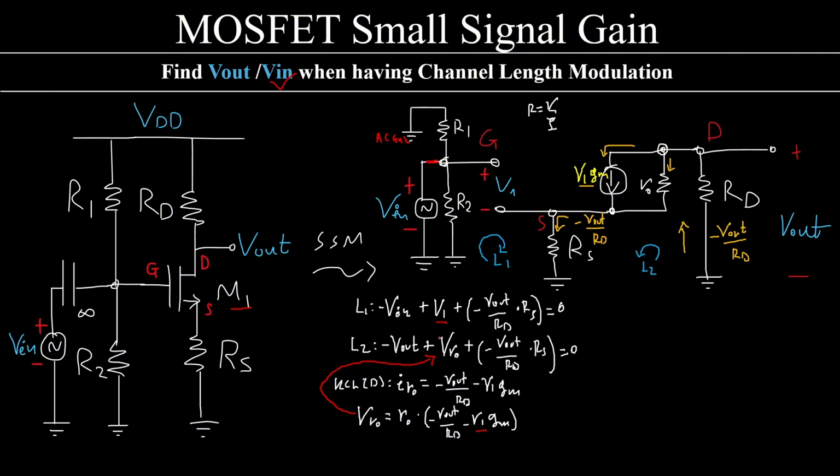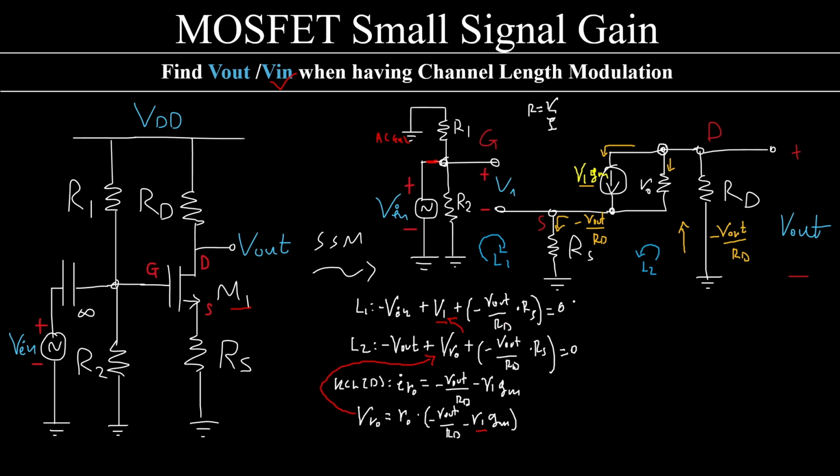We can solve this equation in relationship to V1 and then replace this V1 over here. It's basically how to solve a system with two unknowns.